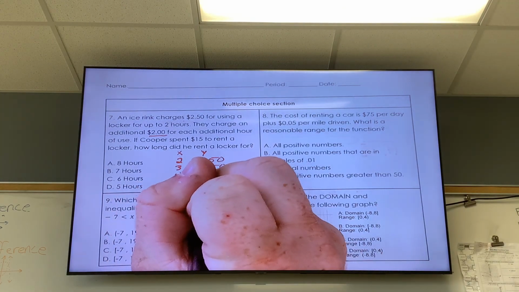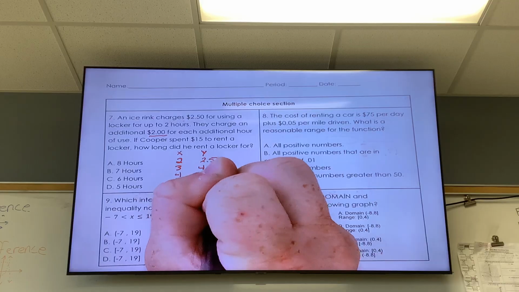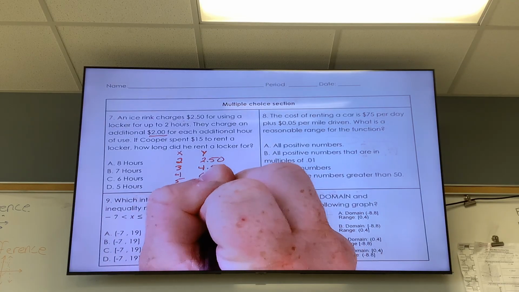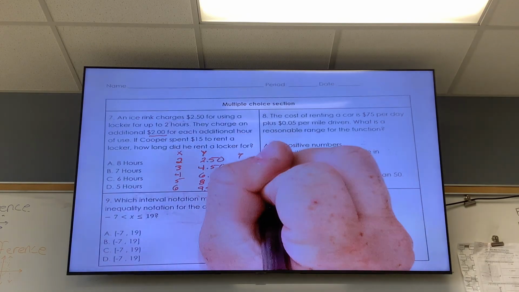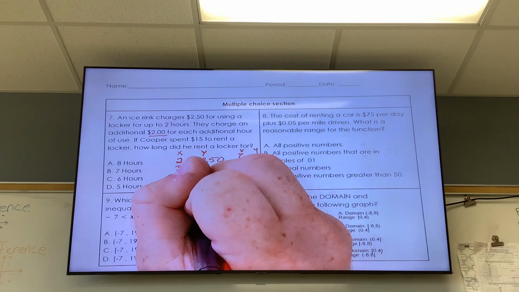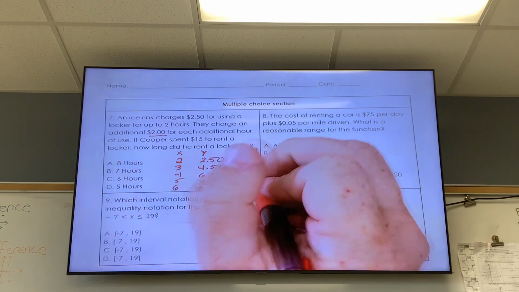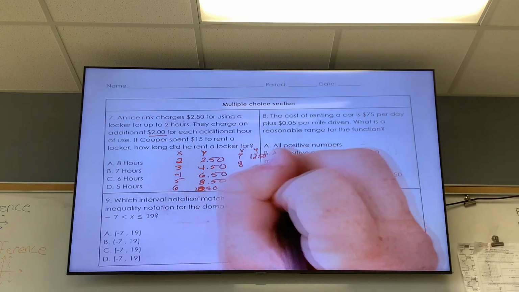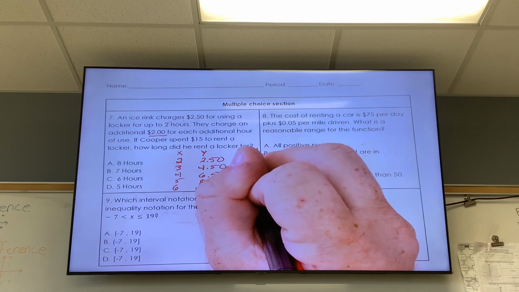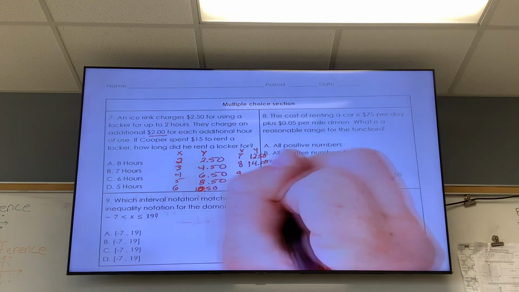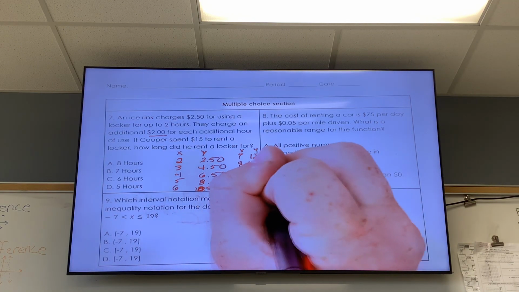For 5 hours, it's $850. 6 hours is $950. 7 hours, I'm sorry, this is $1050. This is $1250. For 8 hours, it's $1450. For 9 hours, it's $1650.